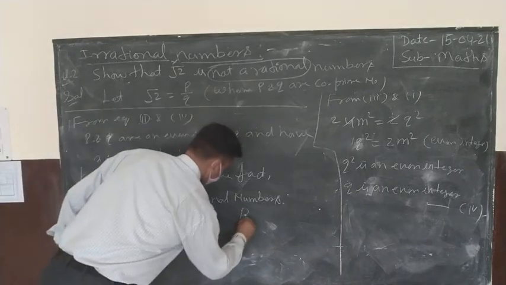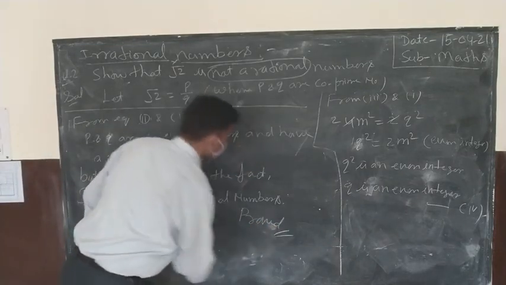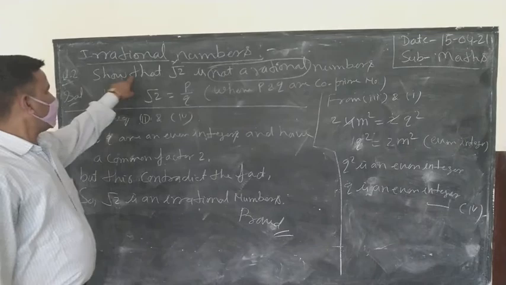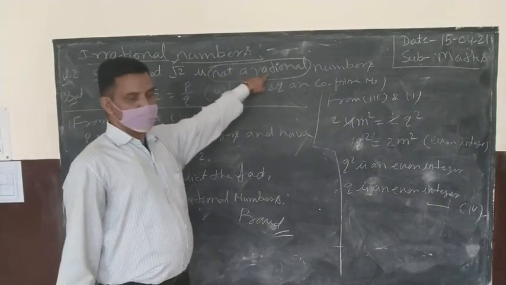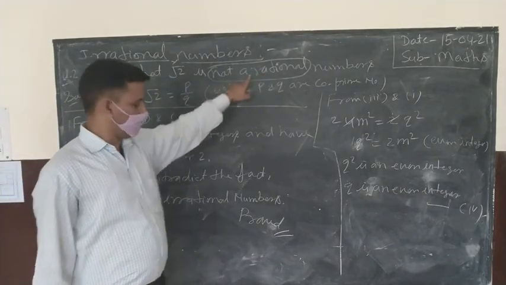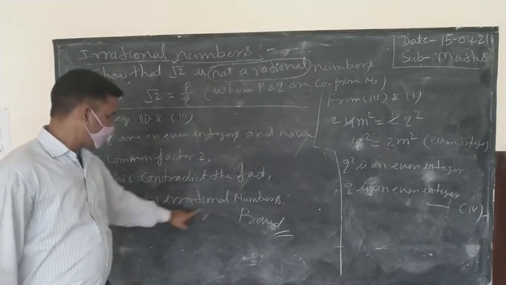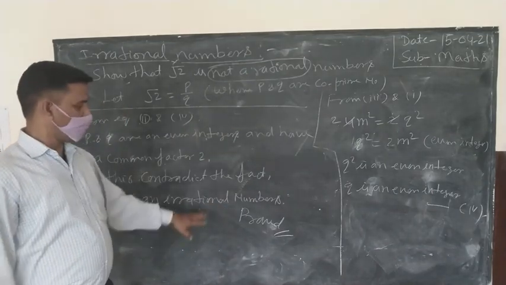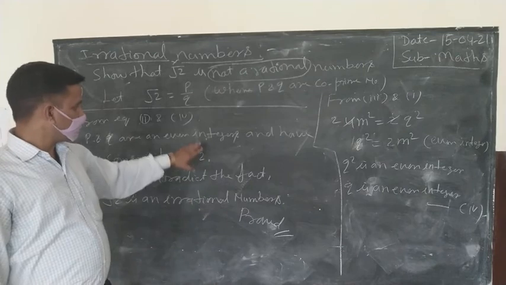Proof. What is the result here? Root 2 is not rational, meaning root 2 is irrational. This is proved. Root 2 is an irrational number, not a rational number, because this result does not satisfy the given fact.